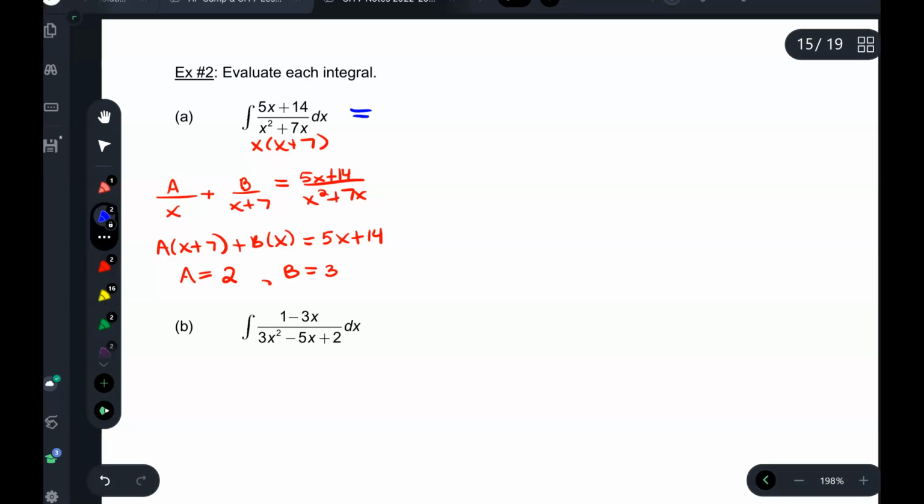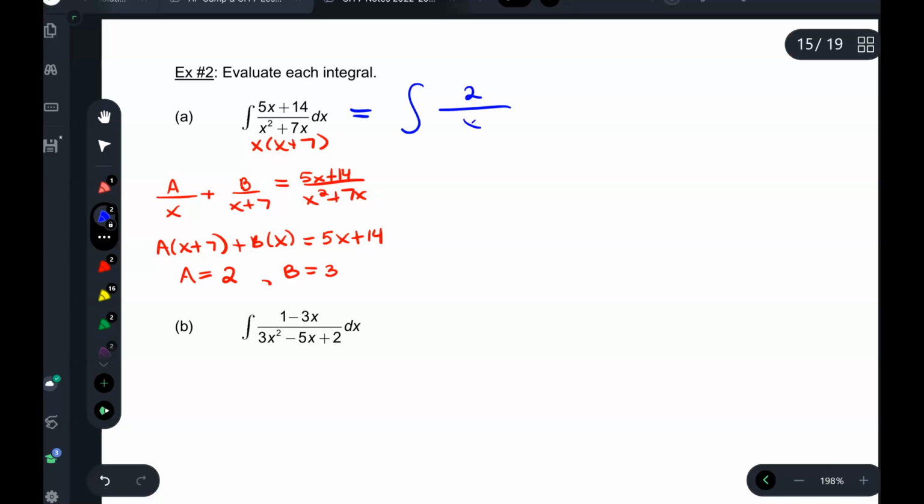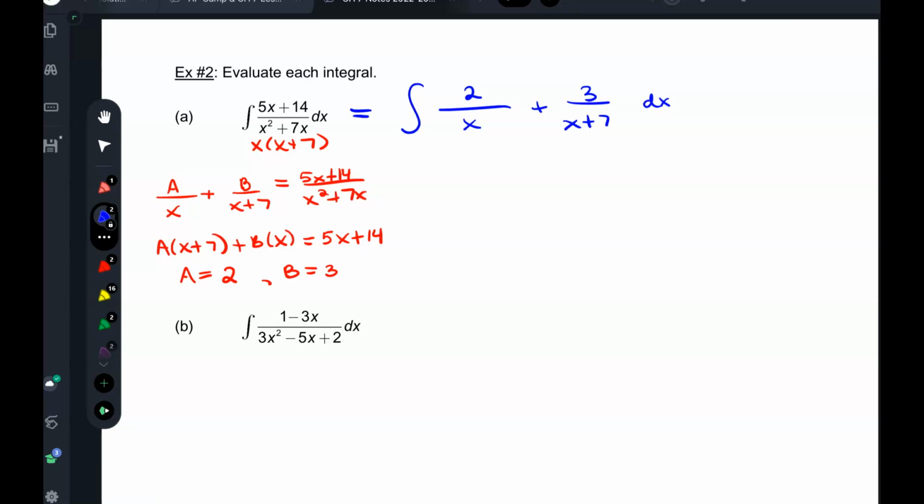Okay, so back up here. Now that we have this, we can rewrite this as the integral of 2 over x plus 3 over x plus 7. Now it's much easier, right? Because we can't integrate it otherwise. Let's make sure to throw in some absolute value.